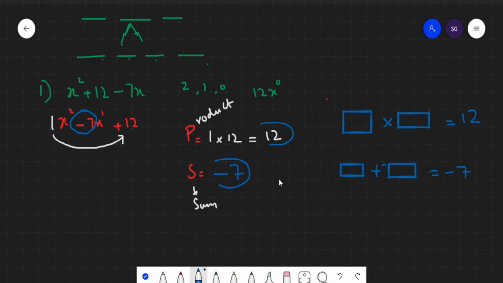So we can think of some pairs for 12. I know 1 times 12 is 12, 2 times 6 is 12, 3 times 4 is 12, and then 6 times 2, which is the same pair, so I don't go further than this. These are the three possible pairs. Now which one of them can help me get a 7?